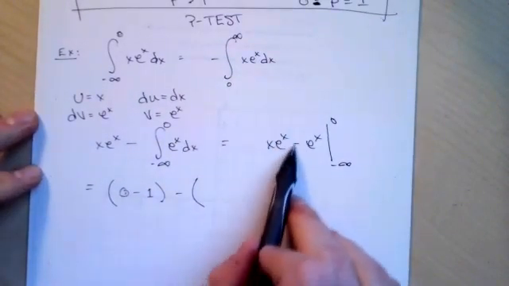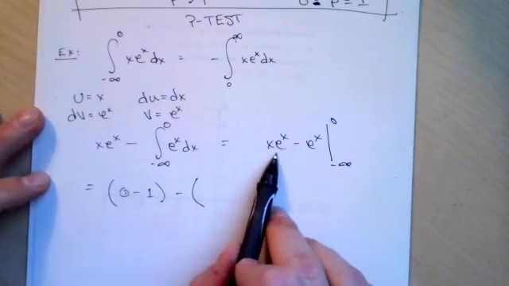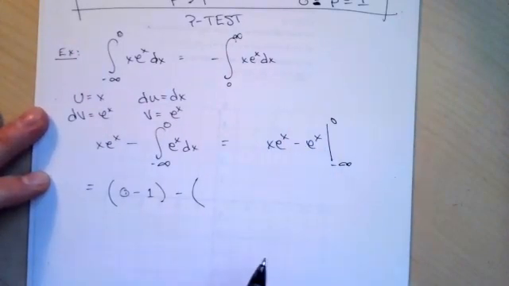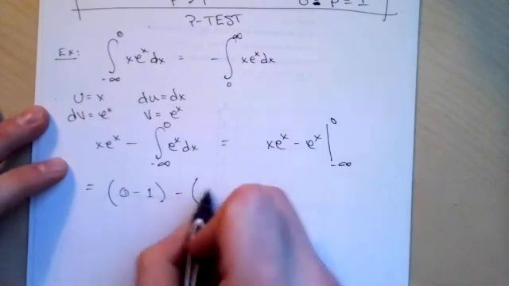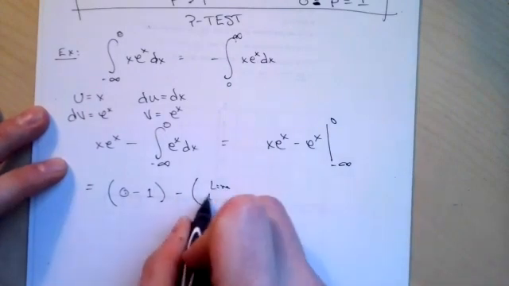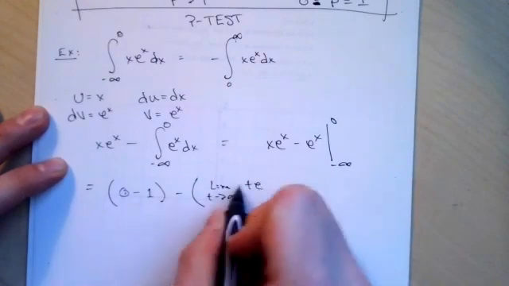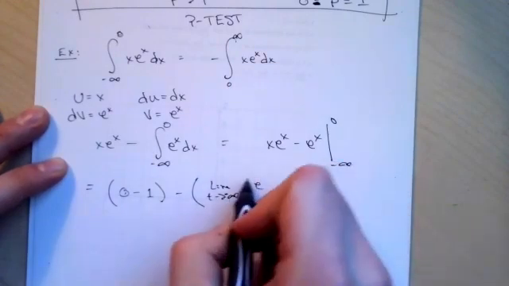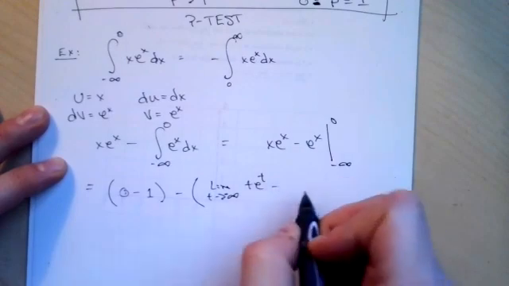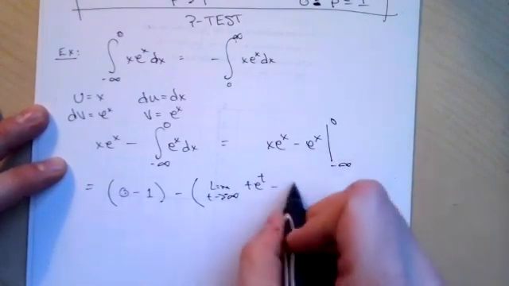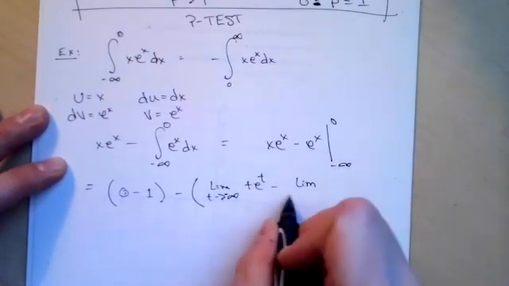This term we've got to be careful about. This term's fairly straightforward. Let's do the formal process. This would be the limit as t goes to negative infinity of t e to the t minus, limits we can split over a sum.